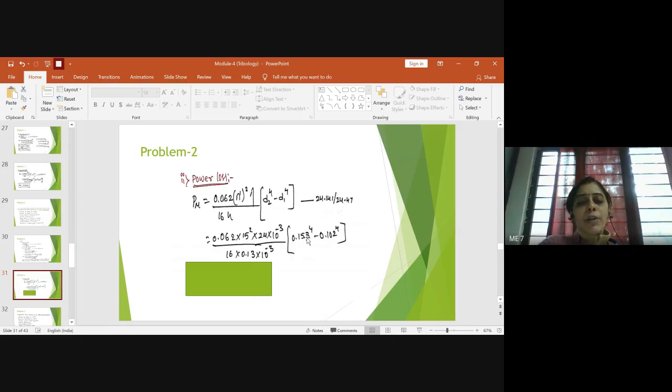So it will be 0.153 to the power of 4 minus 0.102 to the power of 4. Once it has been substituted, kindly calculate and let me know what is the amount of power loss in the hydrostatic bearing due to friction.